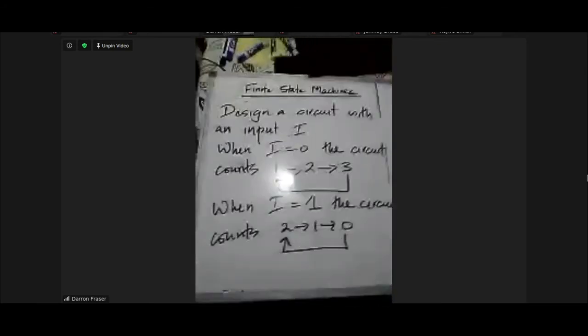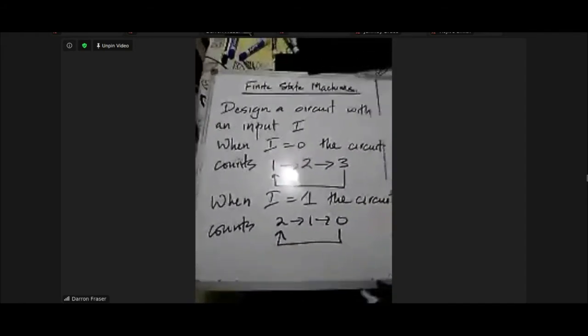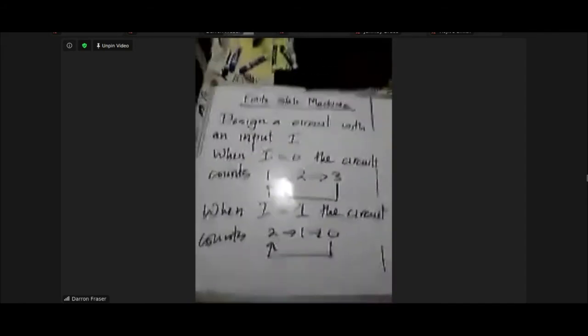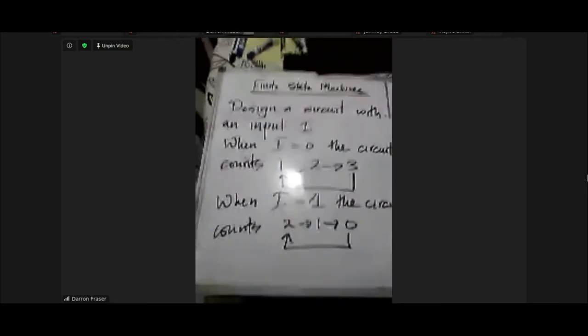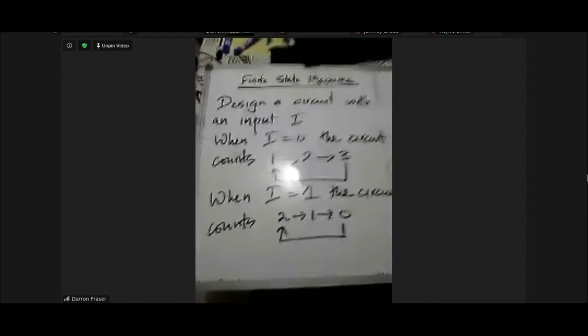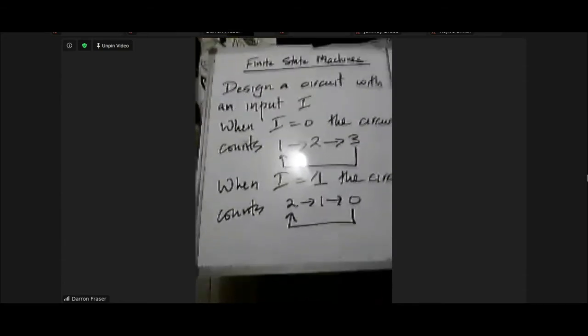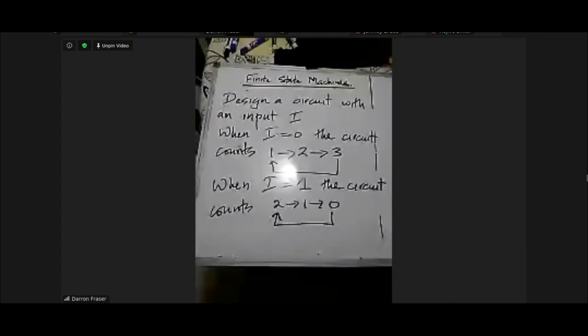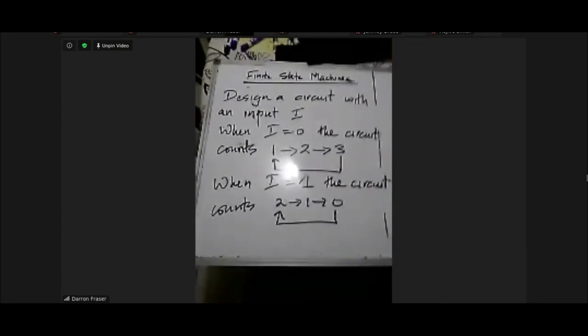All right, so here is what we want to talk about now. We want to design a circuit that has an input I. When I equals 0, the circuit counts 1, 2, 3. When I equals 1, the circuit counts 2, 1, 0.